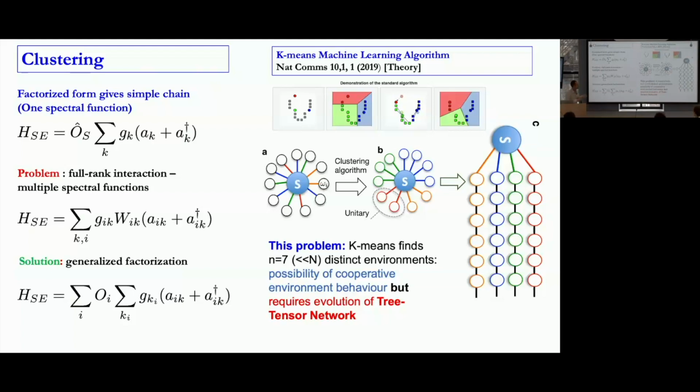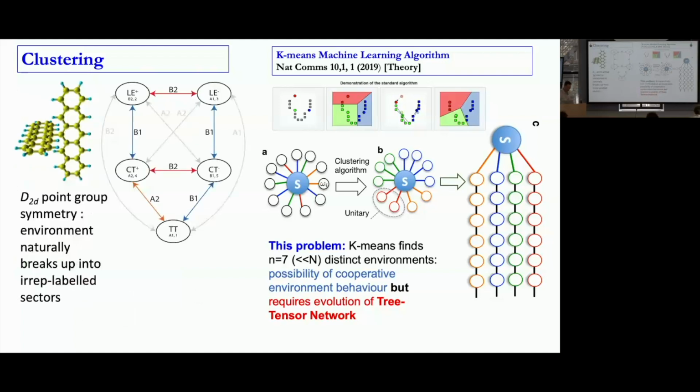Now, the fact that this set of matrices breaks up into a smallish number of sub-environments is no accident really. We're probably going to save ourselves a lot of bother by just looking at the symmetries of the original molecule at this cruciform geometry. This has a D2d point group, so all of the electronic states and all the vibrations can be labeled by the different irreps of this group.